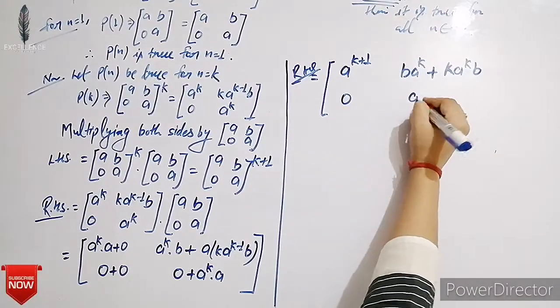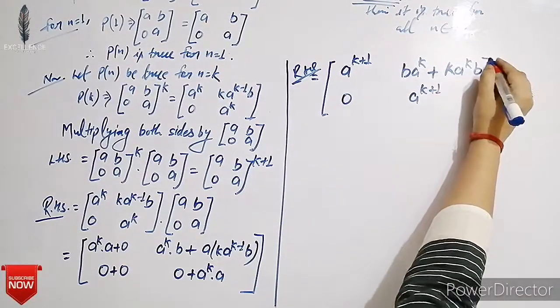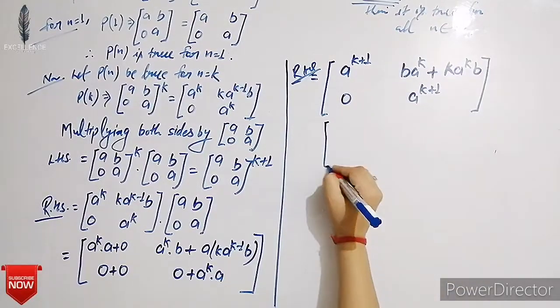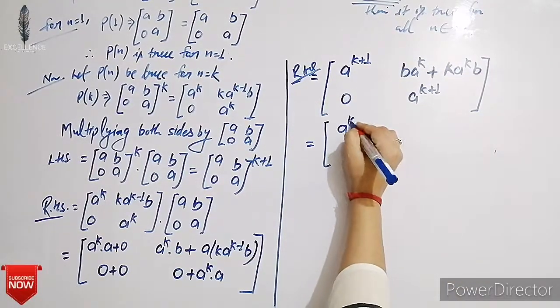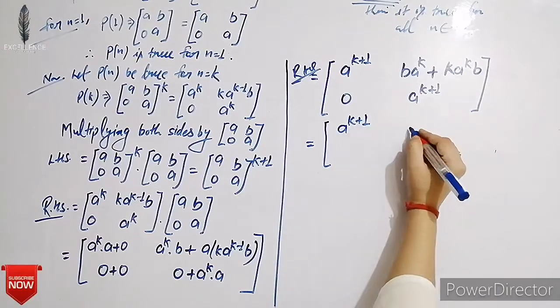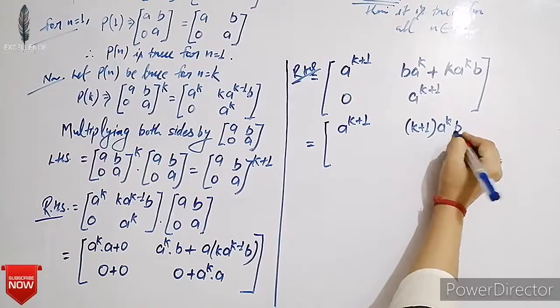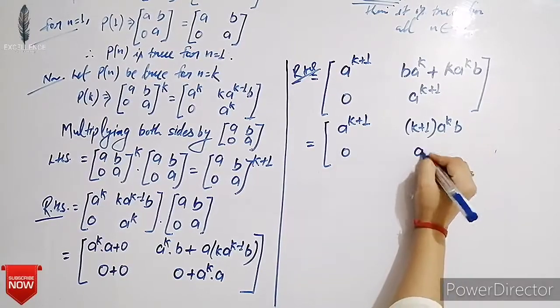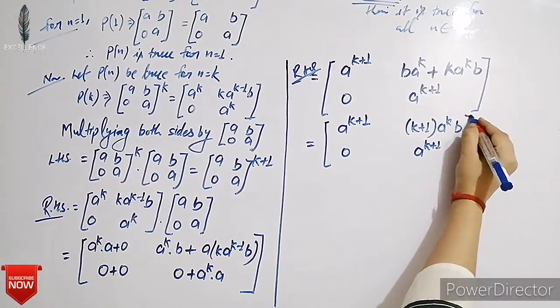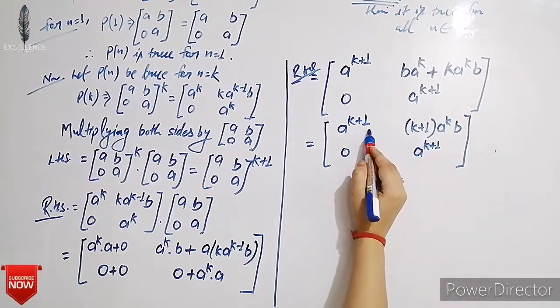Here 0 and it is a raised to k plus 1. This can be written as a raised to k plus 1 and second element is k plus 1 a^k b is common. Here 0 and it is a raised to k plus 1. It is in the form of P of k plus 1 clearly.